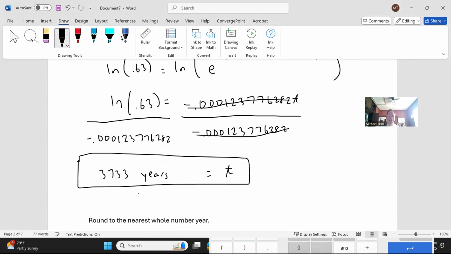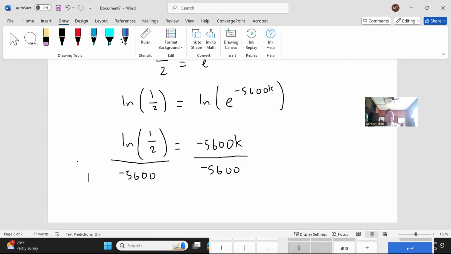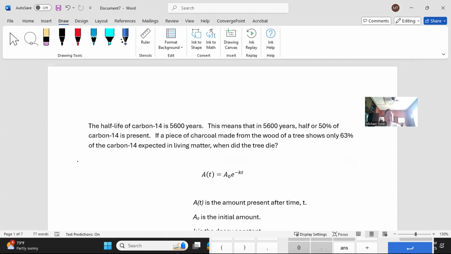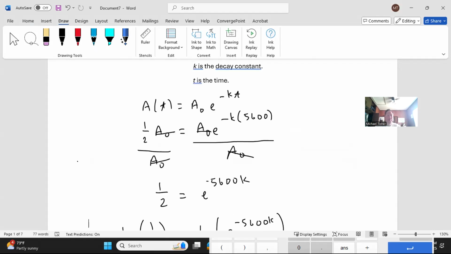Well, let's see if that makes sense. So earlier we said that the half-life is 5,600 years, and we're talking about when 63% is present, which is not quite yet 50% being present. And so the time that the tree died should have been less than 5,600 years.